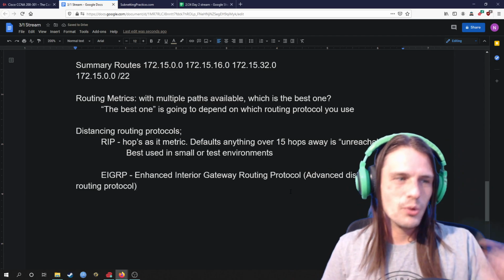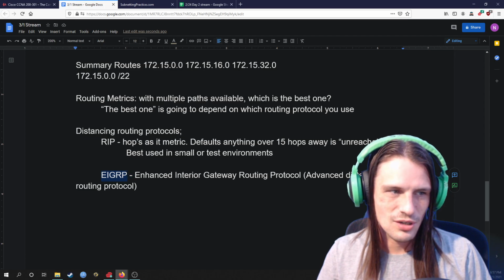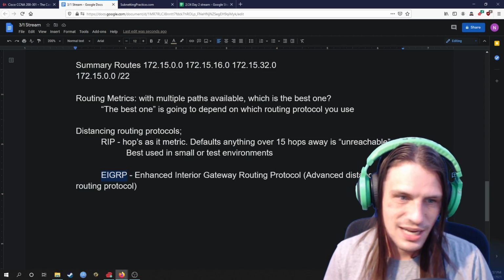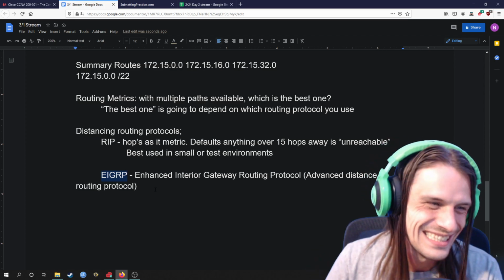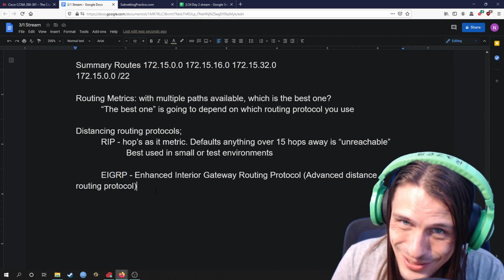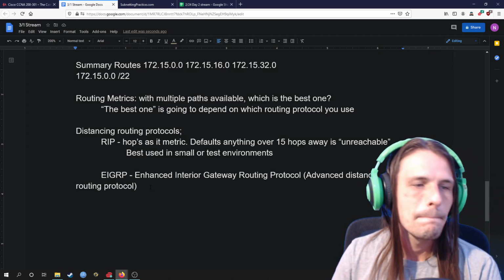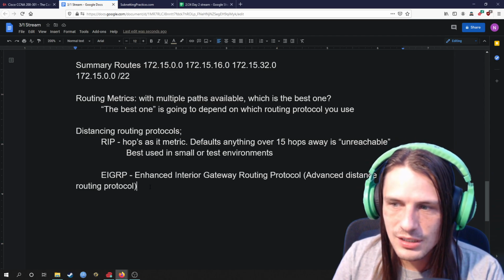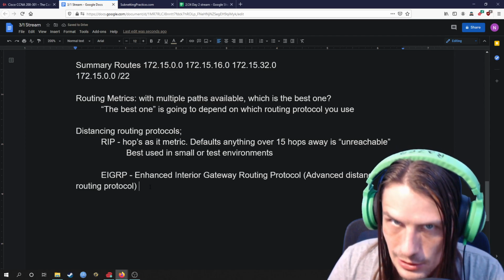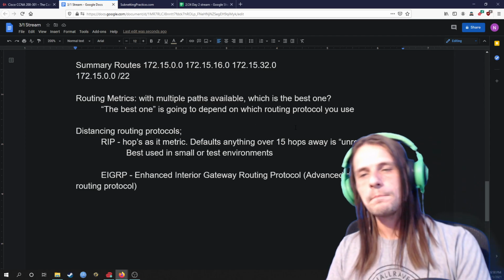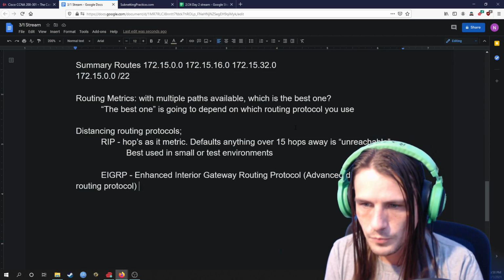Even though both of these fall within your distance routing protocols, Cisco wants you to know that this one is much better. Not only is it enhanced, it's advanced. Granted, this is a Cisco test, so they might be a little bit on their own side. And again, all the devices on the network have to be able to use this protocol if you want to use it.